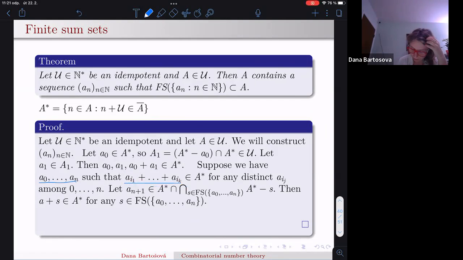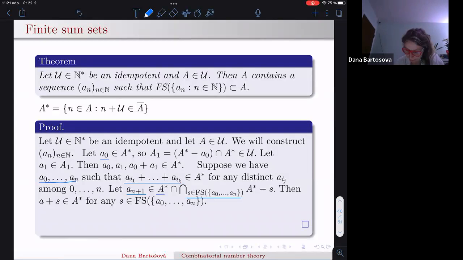And I'm going to build the next one. So the next one is going to be again in A star, so that's for compatibility with A0. And then I'm going to look at all the finite sums. So these are all the things that I want to be adding a_n plus 1 to, and still keep inside of A star.